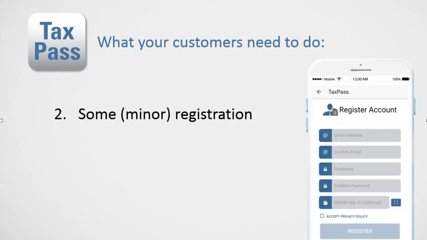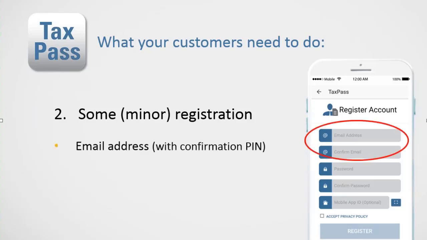Once they install and run the application for the first time, there is some minor registration that the taxpayer would have to do to get started with this app. That includes entering an email address, and to that email address we'll send a confirmation PIN just to make sure the email address is correct and accurate.